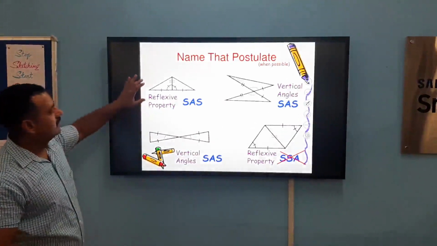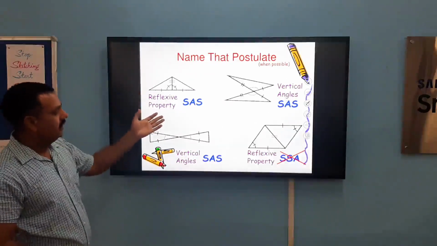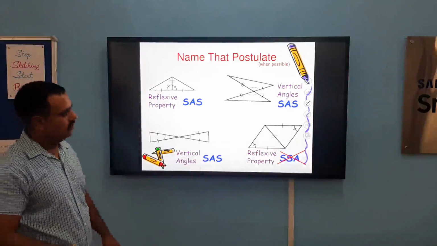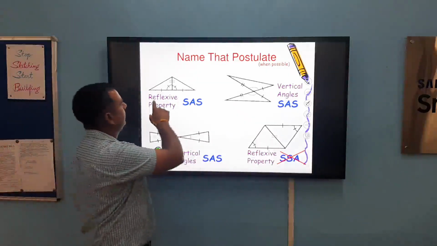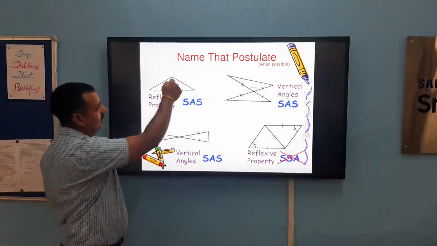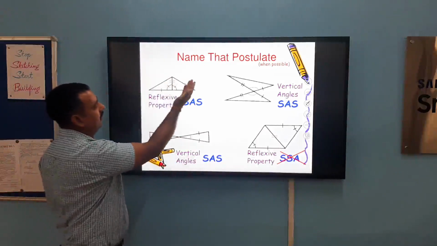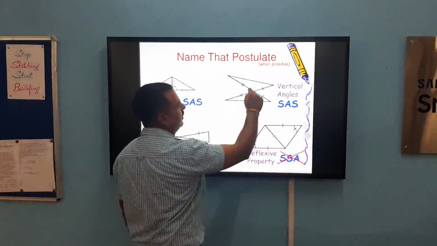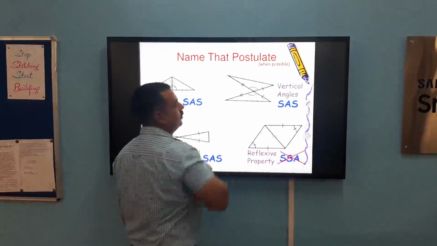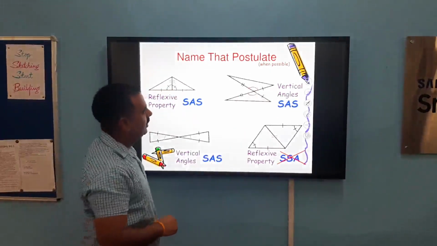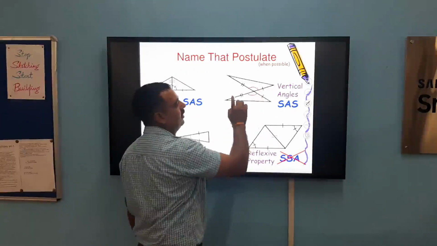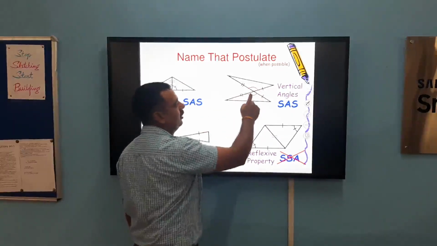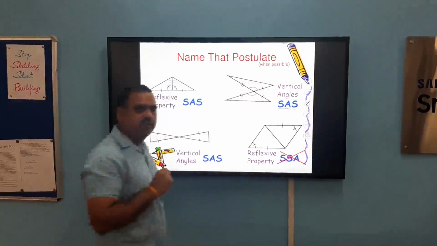Now, similarly, here are some examples also. Here is the reflexive property. In this property, this side is common to both triangles. In this one, vertical angles: this angle is vertically opposite to another angle. So one side is equal, the second side is equal, and the included angle is equal, so the SAS criterion is used.